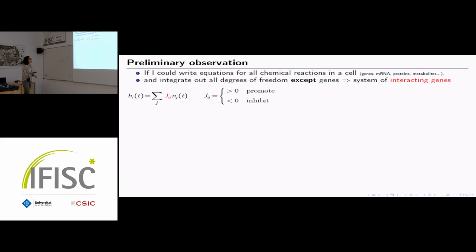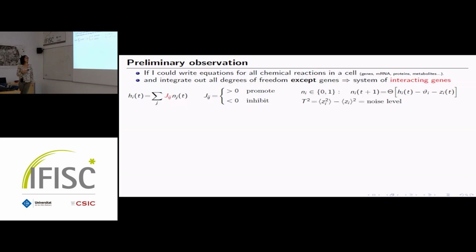So I could then say that the dynamics of a gene I will be determined by the other genes J, which interact with I through some couplings J_ij. And I could take this to be positive if gene J promotes expression of I, and negative if it inhibits.